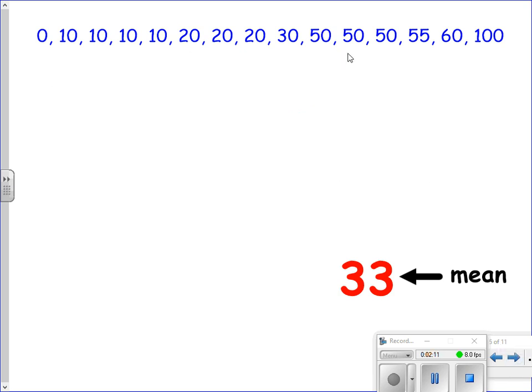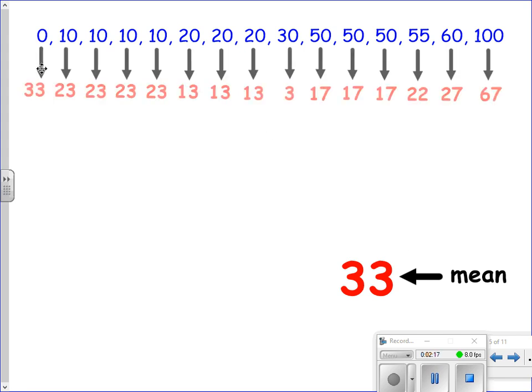We have these numbers. We know that the average was 33. So we're going to look to see how far each one of these data items was from the mean, from the average. 0 is, of course, 33 away from 33. And each one of these, as it gets closer to 33, you see that the difference is less.